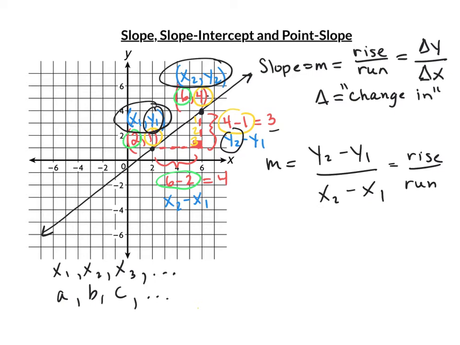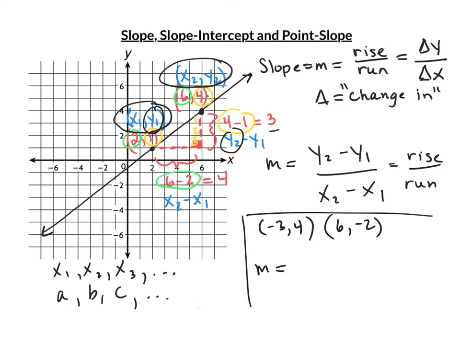To use this then, if I gave you 2 points on a line, let's say those points were negative 3, 4, and 6, negative 2, all I would do is subtract the y's up top, 4 minus negative 2, and below I would subtract the x's. Now it's real important, if you start with the 4, you must start with the same point below. Otherwise you'll end up with the opposite of what you want for slope.